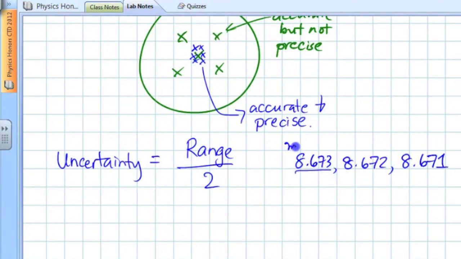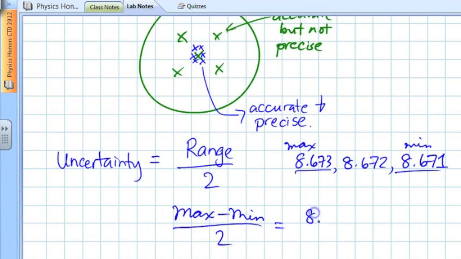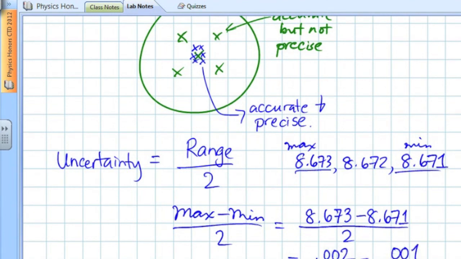Okay, so that's the max. The minimum is 8.671, and so the difference between that, or the range, is the max minus the min, divided by 2. So 8.673 minus 8.671 over 2 is very small. So that's 0.002 divided by 2, which is 0.001. Okay?